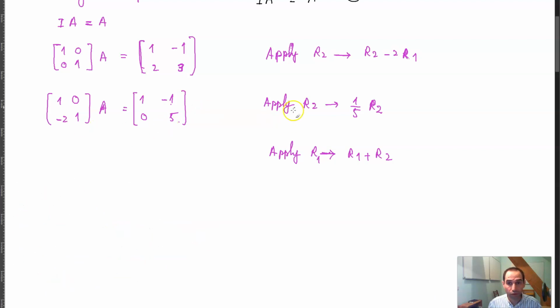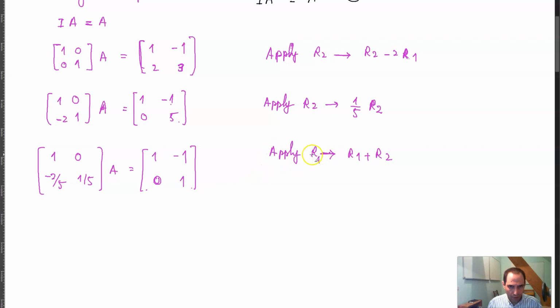So if R2 becomes 1/5 R2, that means that I have 1, 0, and then negative 2/5, and then 1/5, and then over here times A is equal to basically 1, negative 1, and then 0, 1.